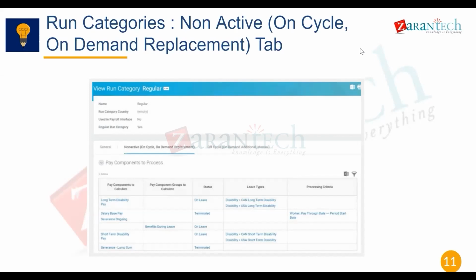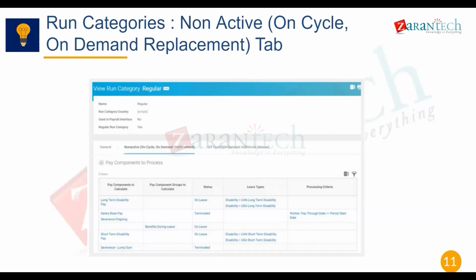What Workday does is, on the leave configuration, it provides a checkbox saying that when the employee is on this leave type, consider this employee as inactive for our headcount report or any headcount reporting mechanism. If that checkbox is unchecked, then the employee is considered active, but their HR status is on leave.